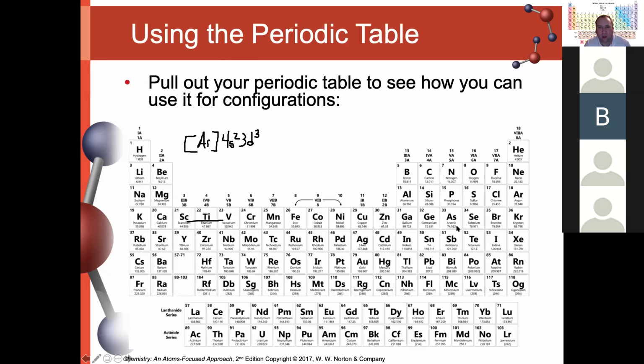Now the other one on that page was arsenic. Noble gas configuration for arsenic, which let's do this in a different color. Again, we go backwards from arsenic.